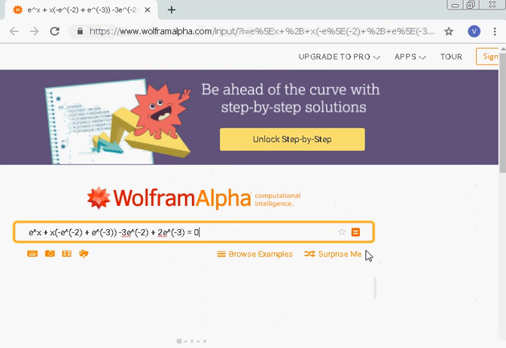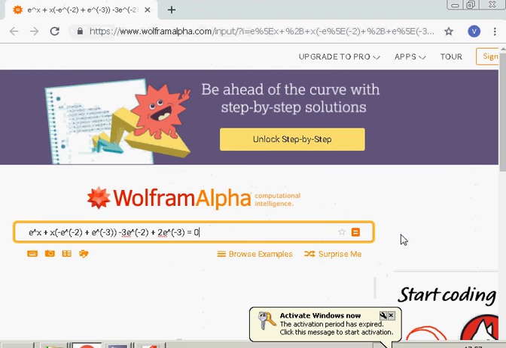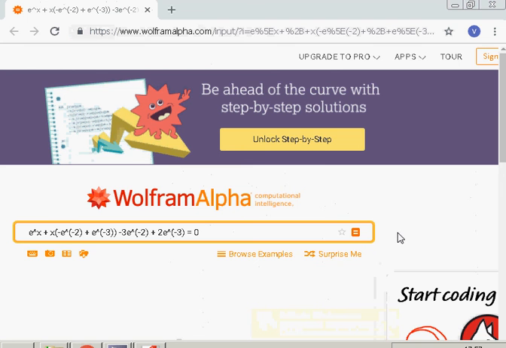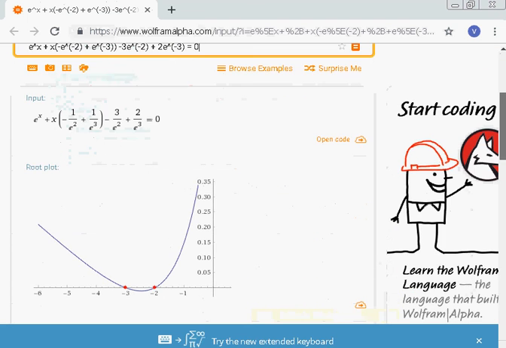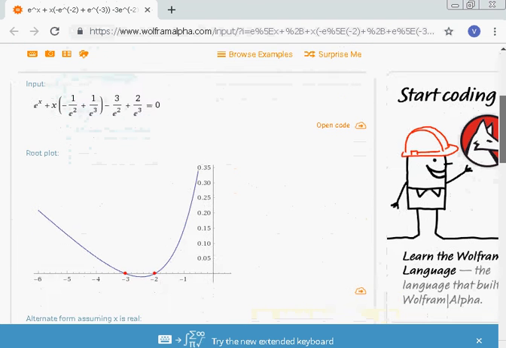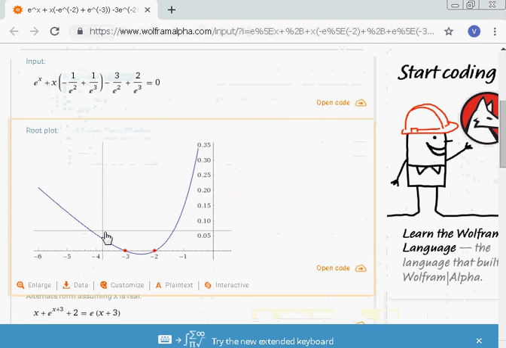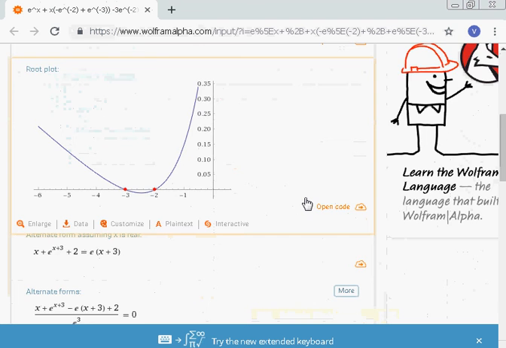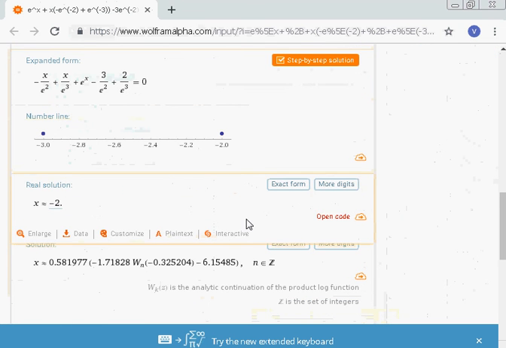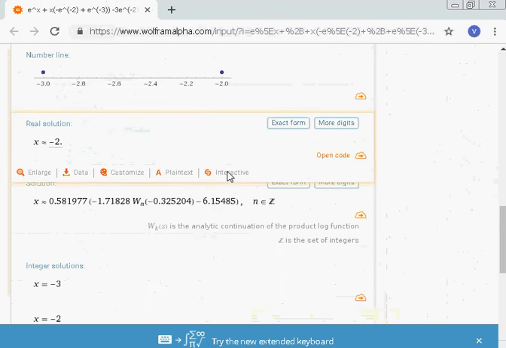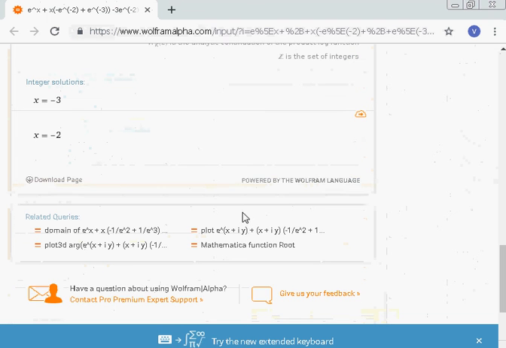We know the solutions are minus 2 and minus 3. Here is the graph, minus 2, minus 3. Any other is different than 0.